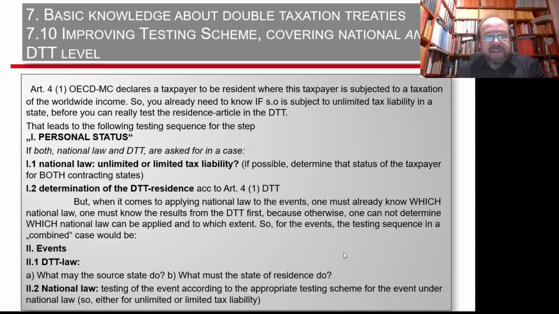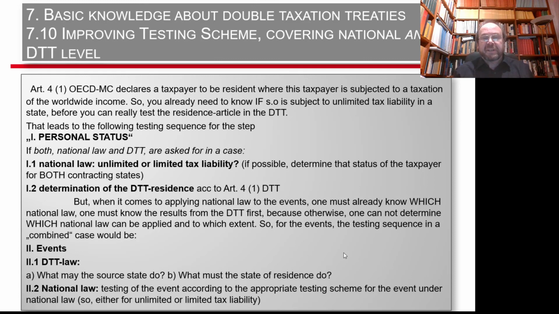At last, allow me some last remarks. What would happen, or how would you deal with a case when you had to think about both levels? So the double taxation treaty rules on who can tax which income, and how that is then done on the national level. Well, then it would probably be recommendable to arrange the testing steps in the following sequence.